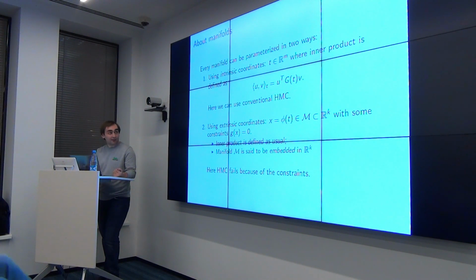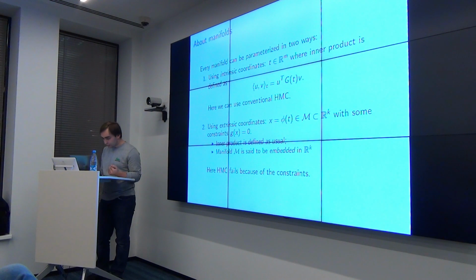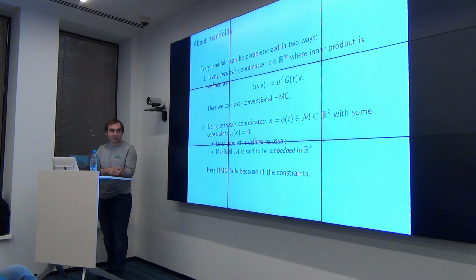Okay. What is G of t? G of t in the first equation. Oh, G of t. It's something called the Riemannian tensor. It defines a scalar product at every point in the manifold, and it can be used to define a distance on the manifold.